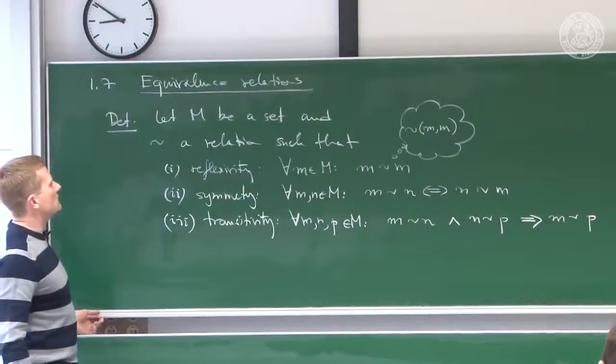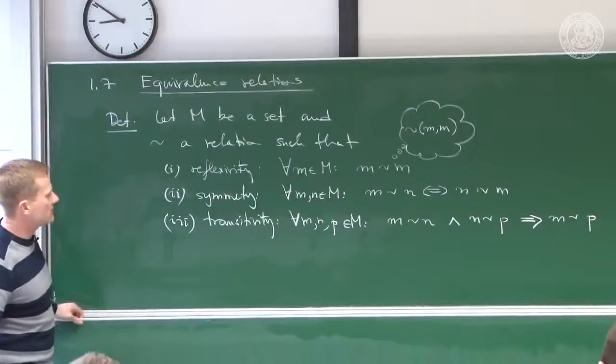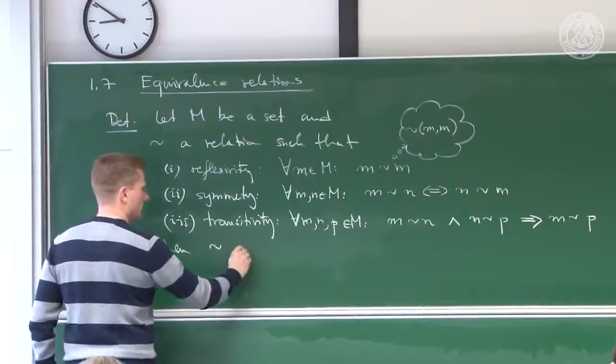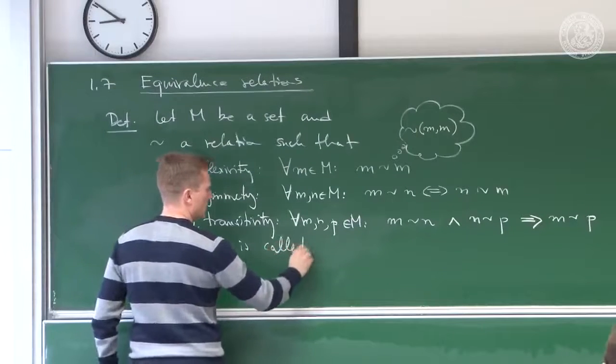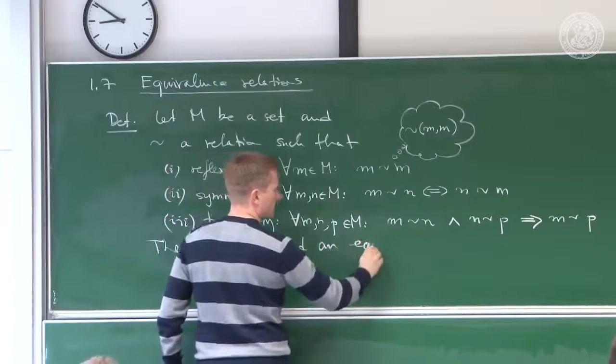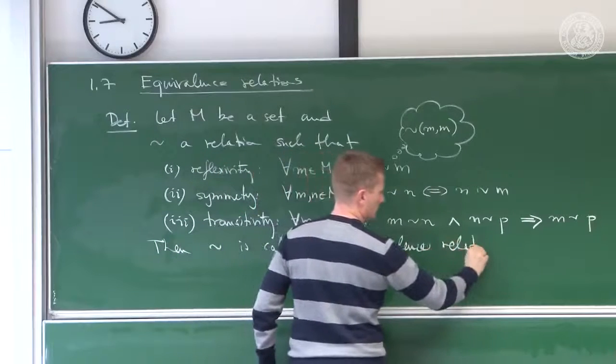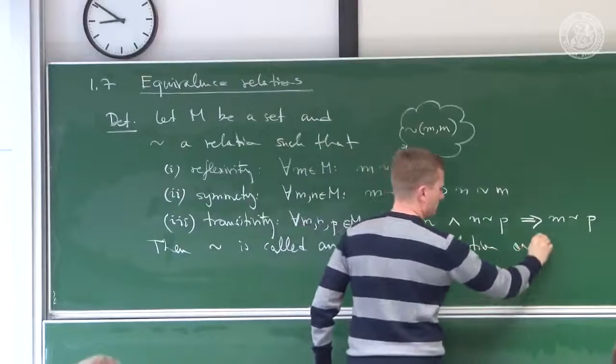So let M be a set and ~ a relation such that these three axioms are satisfied, then ~ is called an equivalence relation on M.